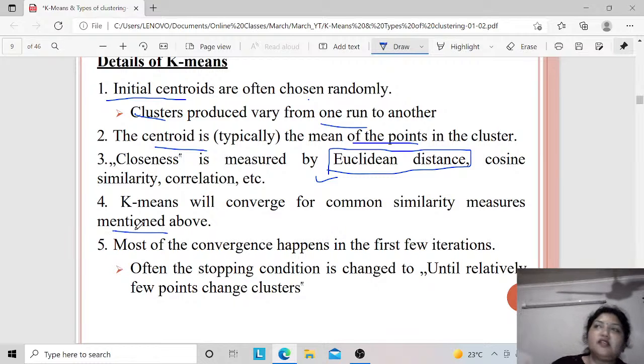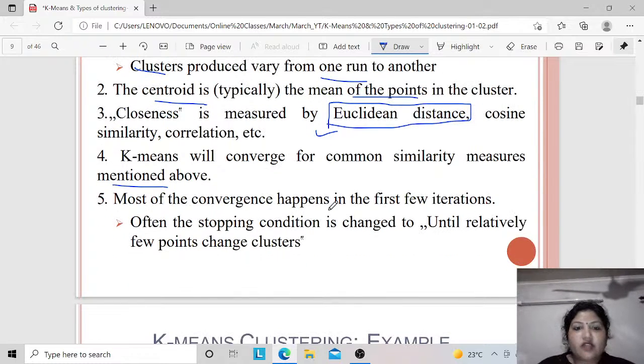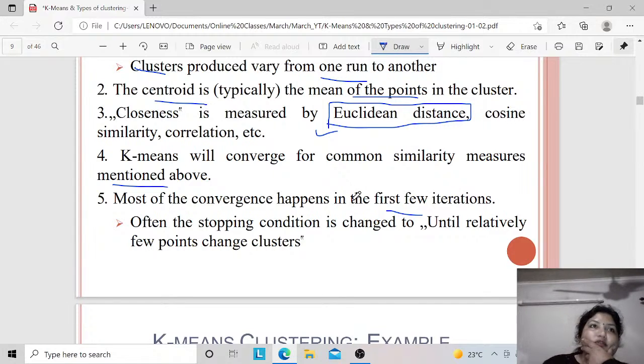We have already seen that data points fall in some group, either this or another. Most of the convergence happens in the first few iterations. In the first few iterations only, you find out whether the particular data point falls in cluster 1 or cluster 2.